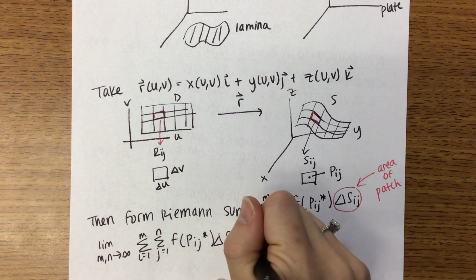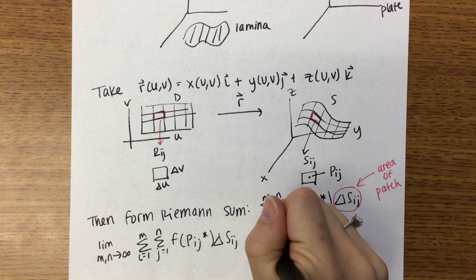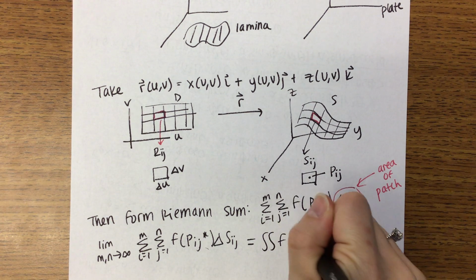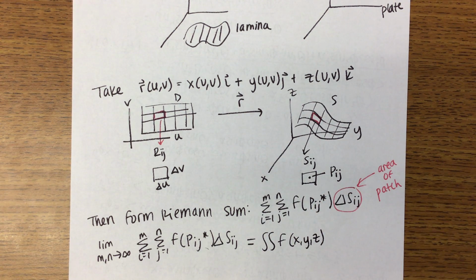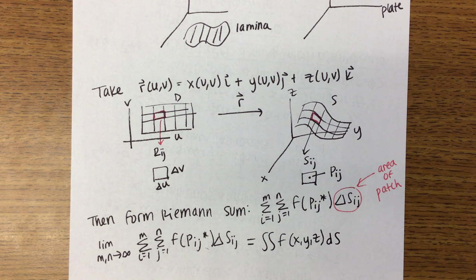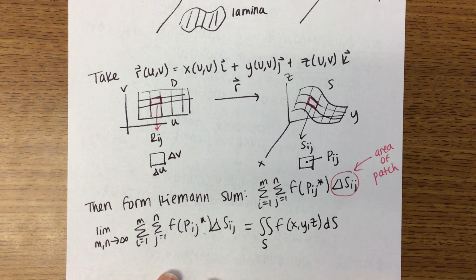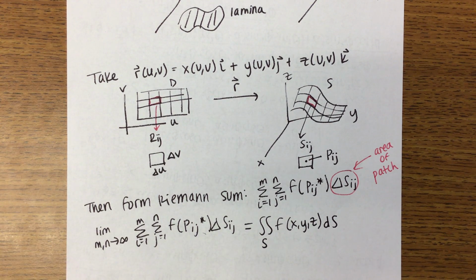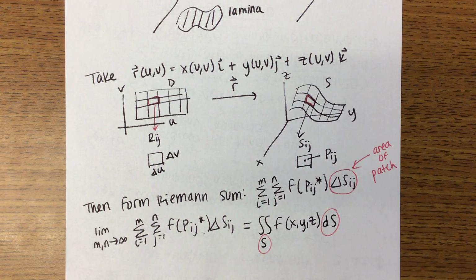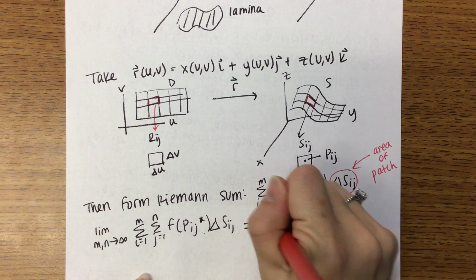here's what that becomes. Two sums, that's going to be a double integral. That's going to be f of x, y, z. That delta S becomes dS. And then you have an S down there. So the two indicators that this is called a surface integral are the capital S here and d big S, and the fact that it's a double integral.